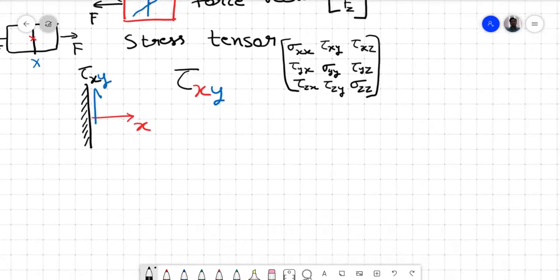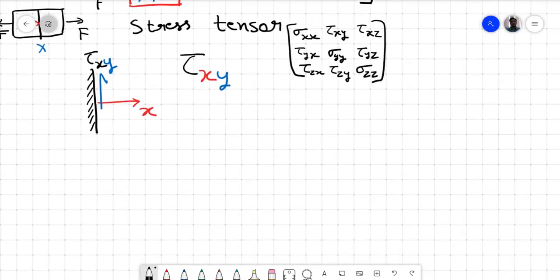Now we can do this exercise for all the stress components, and we can see what they look like in 2 dimensions. So we have all these surfaces pointing in all the directions.